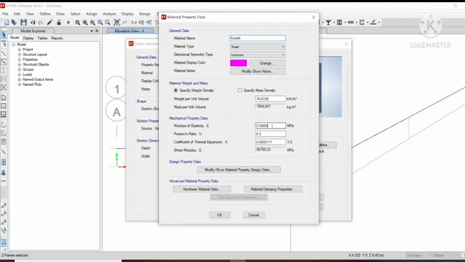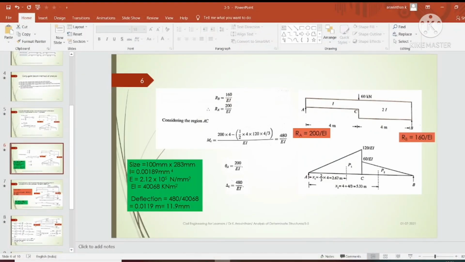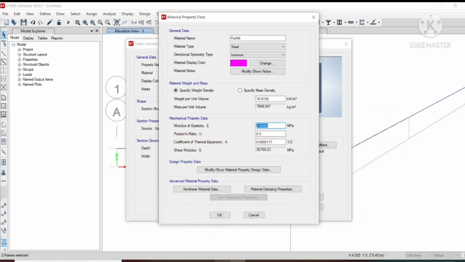So let us only concentrate on Young's modulus, which is what we have taken as 2.12 into 10 power 5. The same material is being applied here, and the only thing I am changing is the Young's modulus.